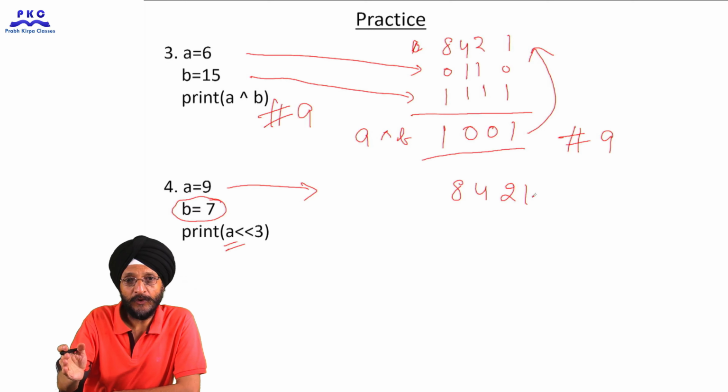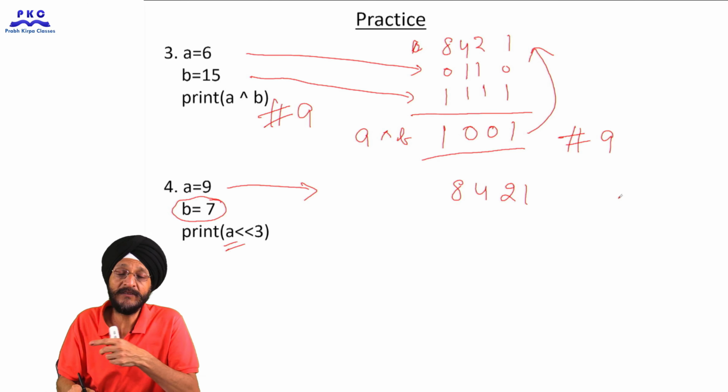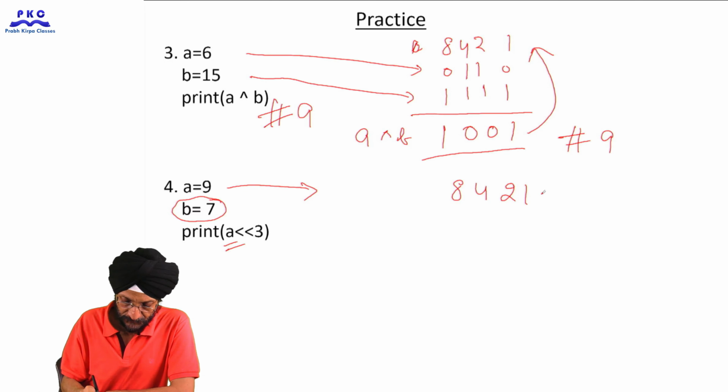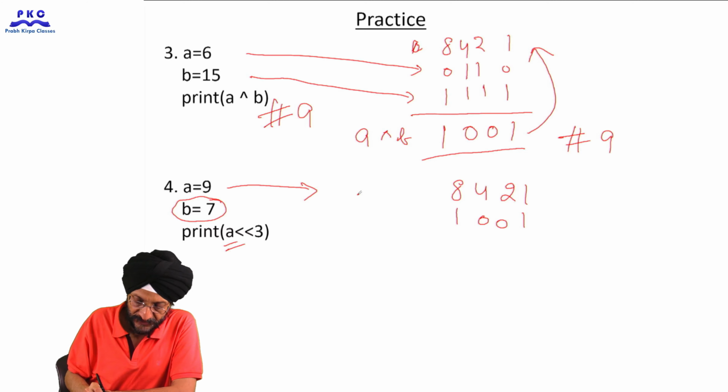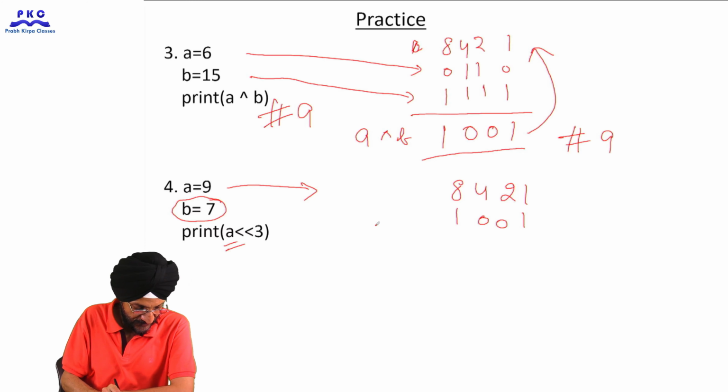We will start writing from right to left. So now 9 is 8 plus 1. So this is the binary, individual bits of A.